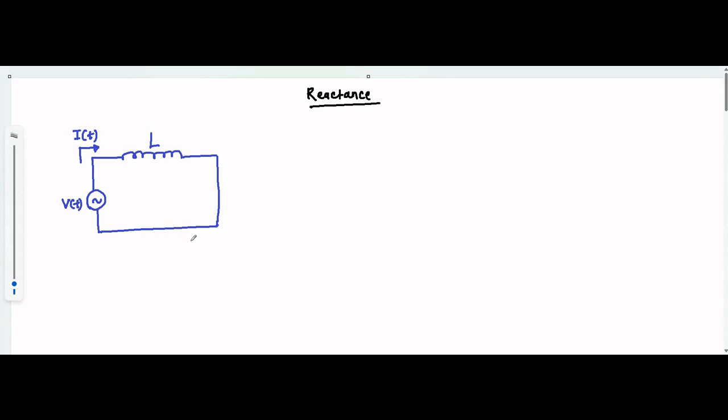Now here let's say the voltage drop across this inductor be VL. So when we apply KVL, we get V minus VL is equal to 0. That implies VL is equal to VT. Let VT, the applied AC voltage source, be represented as Vmax sine omega t.